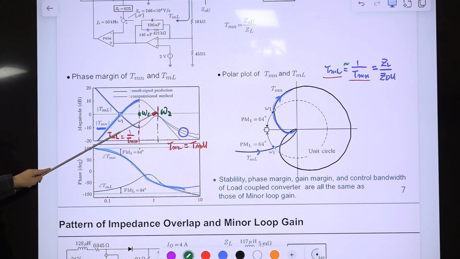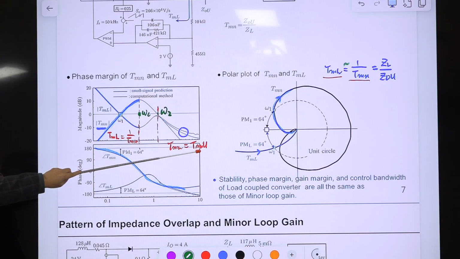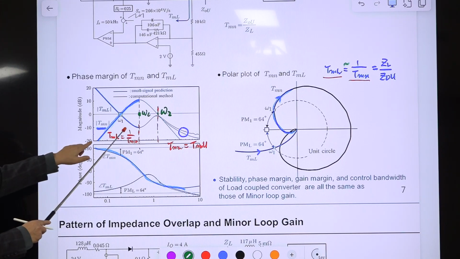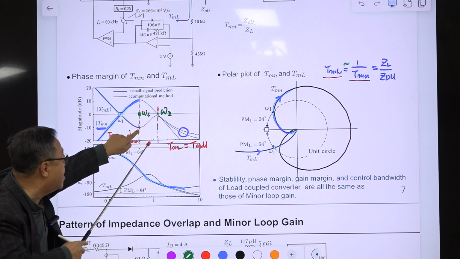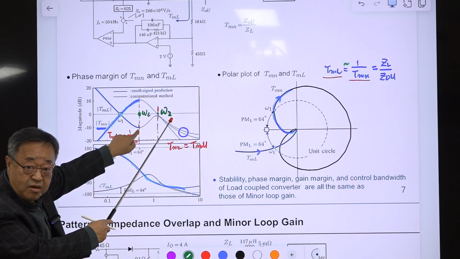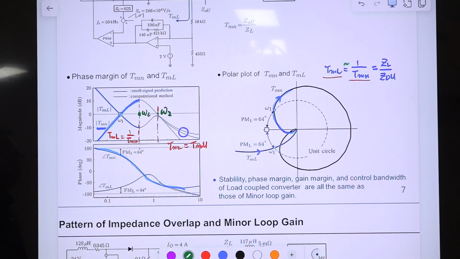After this frequency, it follows TML, follows TMU. TMU is not shown, but it is somewhere there. So this is TML, and TMU becomes the same. In between, you should go from here to there. You don't want to go like this. Go smoothly.